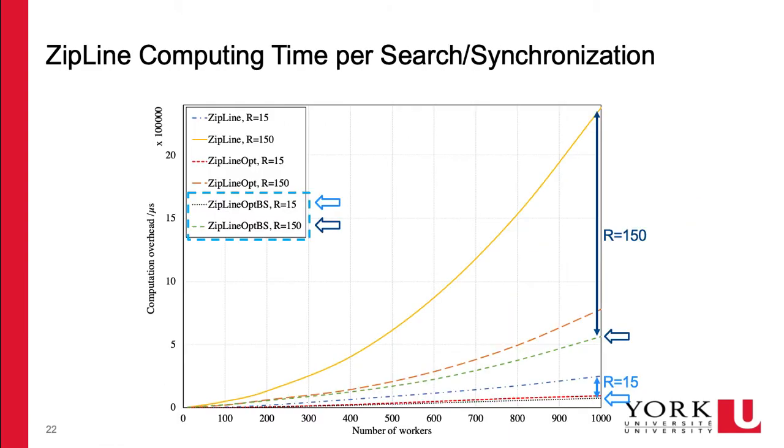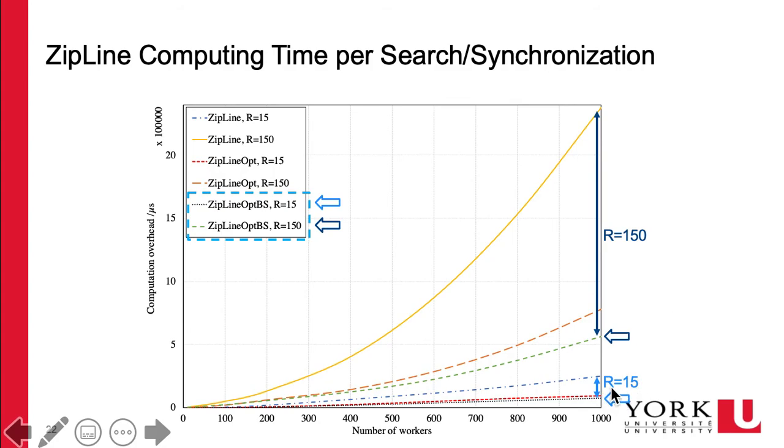We compare ZipLine and its optimization methods on their computing time as a function of the number of workers, as you can see from 0 to 1000 on the x-axis. The y-axis is the computing time. And R is the future iterations we generated during the comparison.